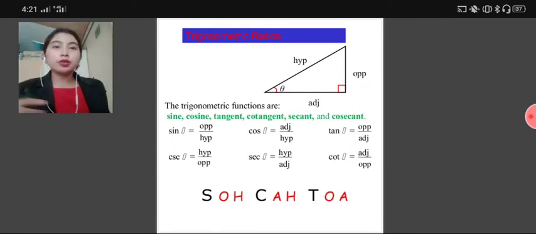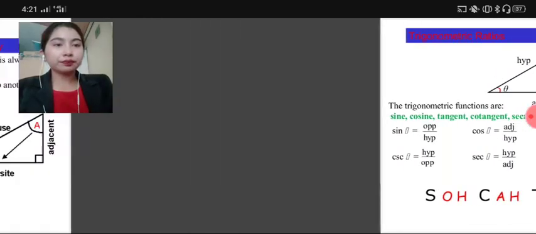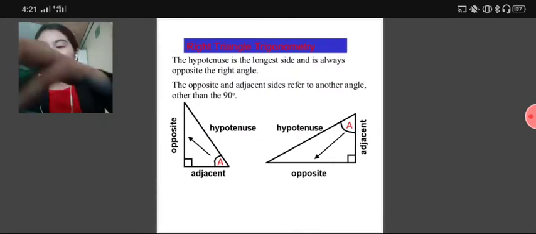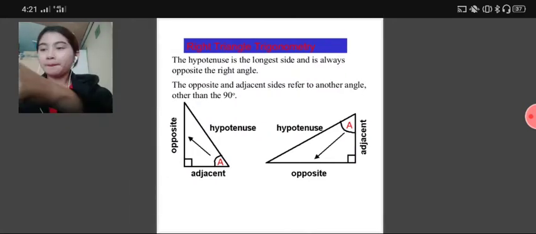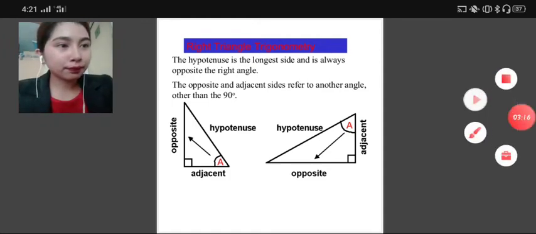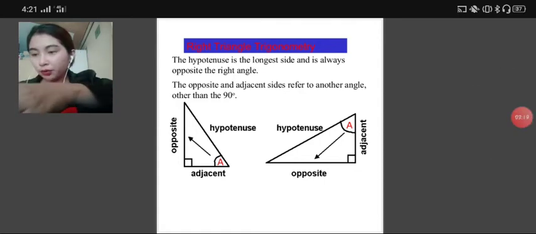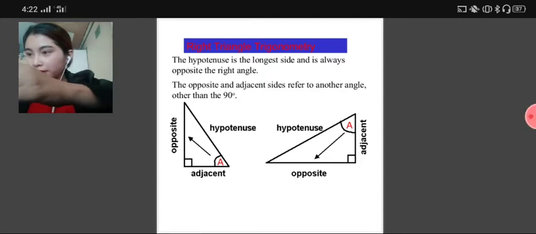Trigonometric ratios. Before that, I will show you an example. We have here an example of a flashcard.